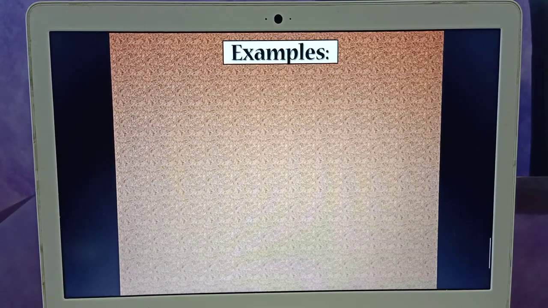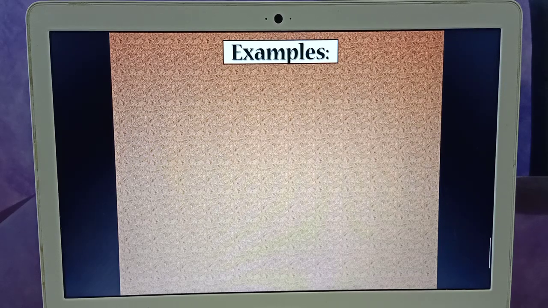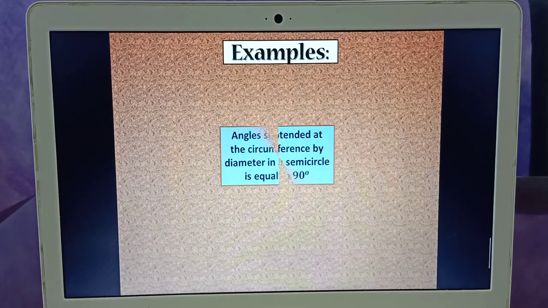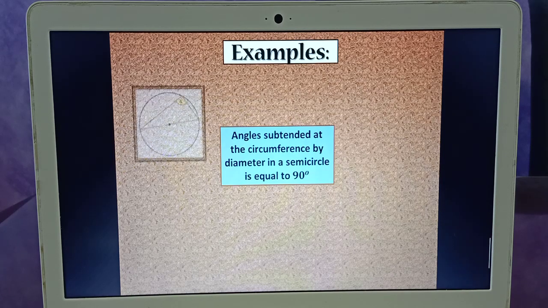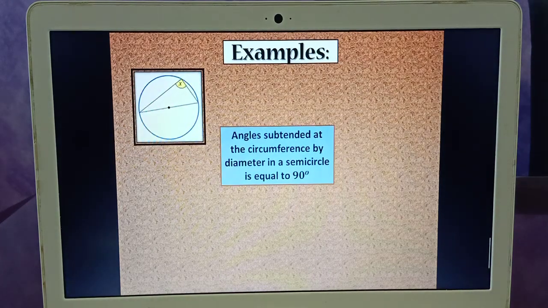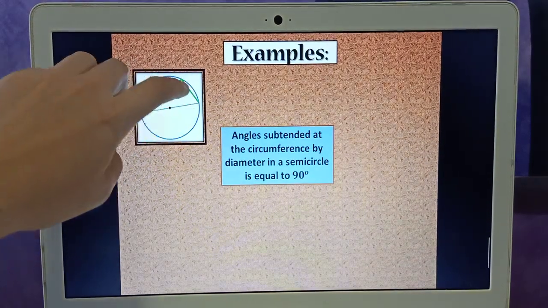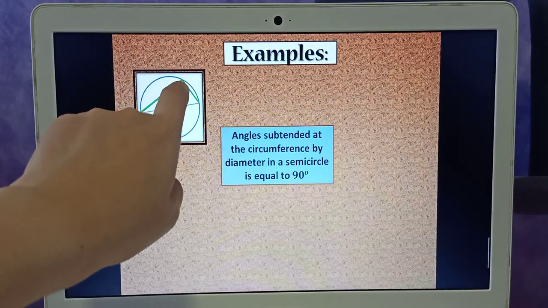In this video we are going to look at some examples regarding the last property of angles in a circle, the semicircle one. The property is: the angle subtended at the circumference by a diameter in a semicircle is equal to 90 degrees. Let's look at this diagram. These are chords, and they meet at the circumference.